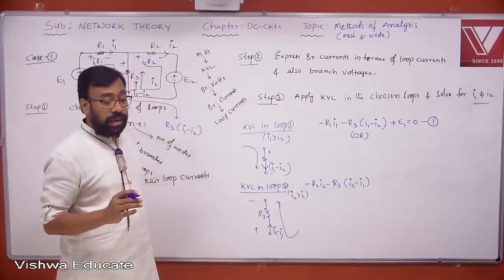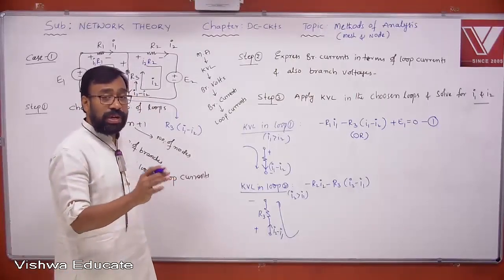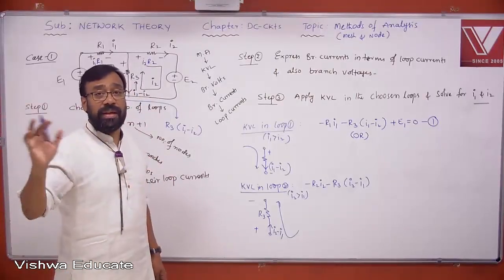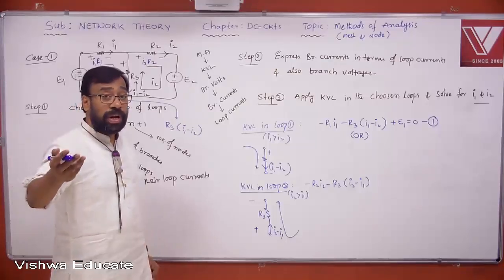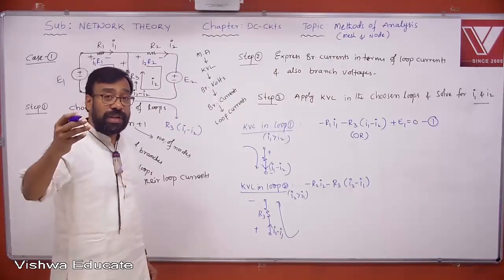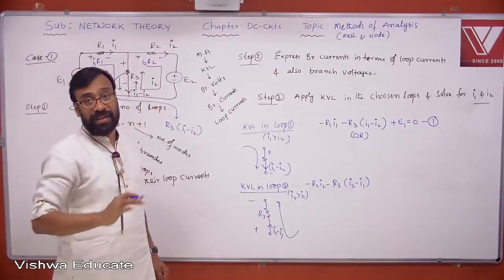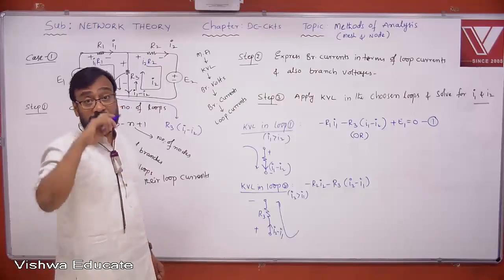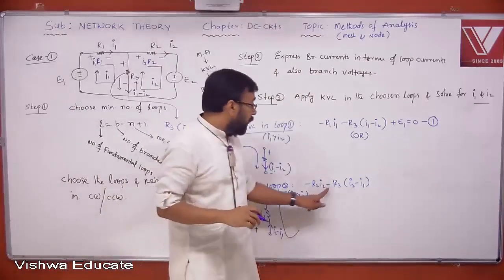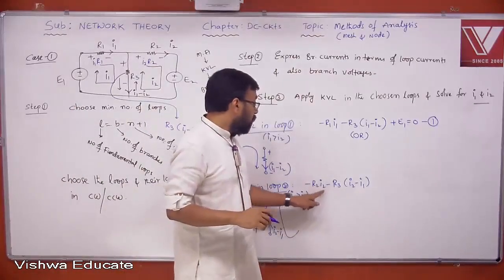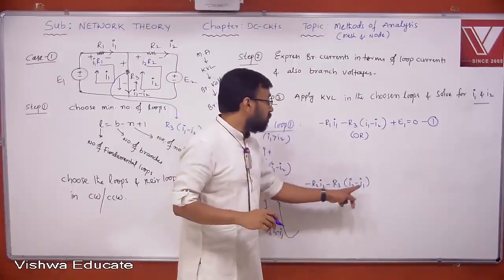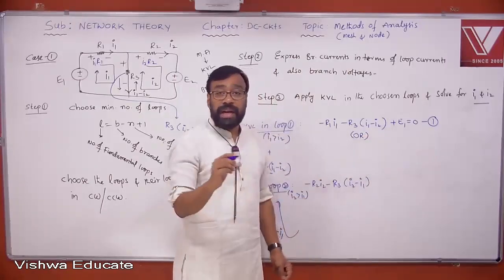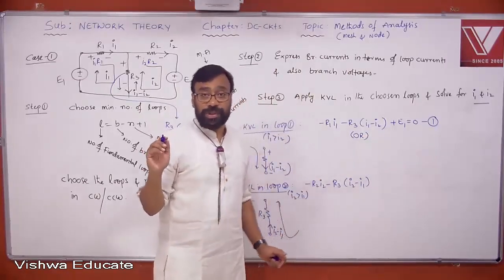That is why in the first loop, if you write the KVL, you assume I1 is greater than any other loop current. In the second loop, you assume that the second loop current is greater than other loop currents. If you write like that, what is the advantage? You get a negative sign before the voltage across each resistor: minus, minus, minus, like that you can proceed.